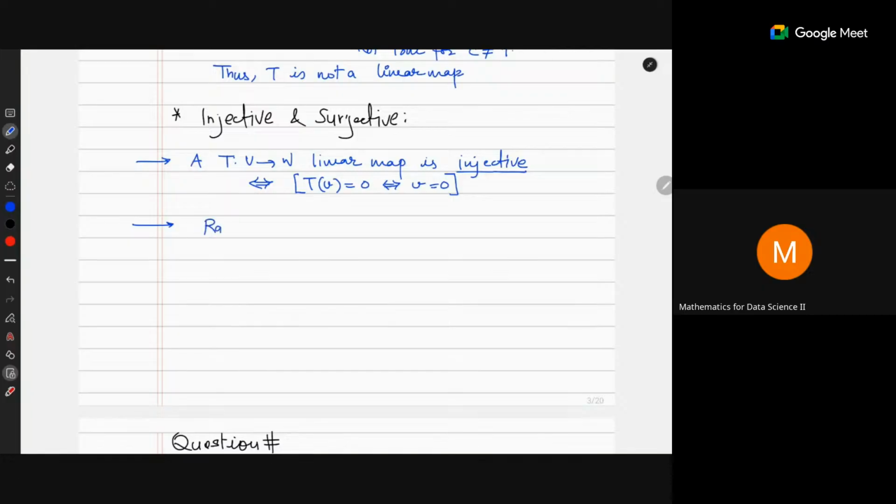So one of the things that he mentioned, surjectivity, the range of T. Now what is the range?